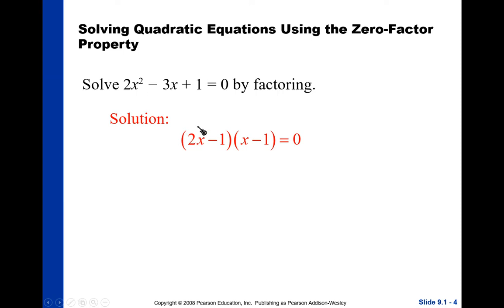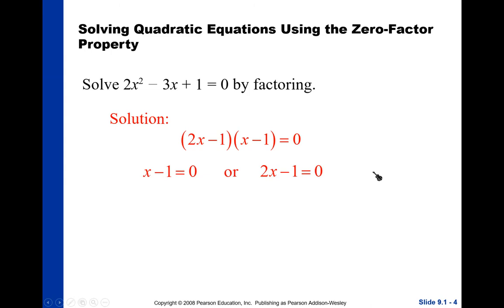So, isa lang to, then yung isa pang x sa kabila. Lagi namang ganun eh. Then another positive 1. So, factor out natin ay negative 1 and negative 1. Para nga naman maging negative times negative, magiging positive. Then always equate to 0.